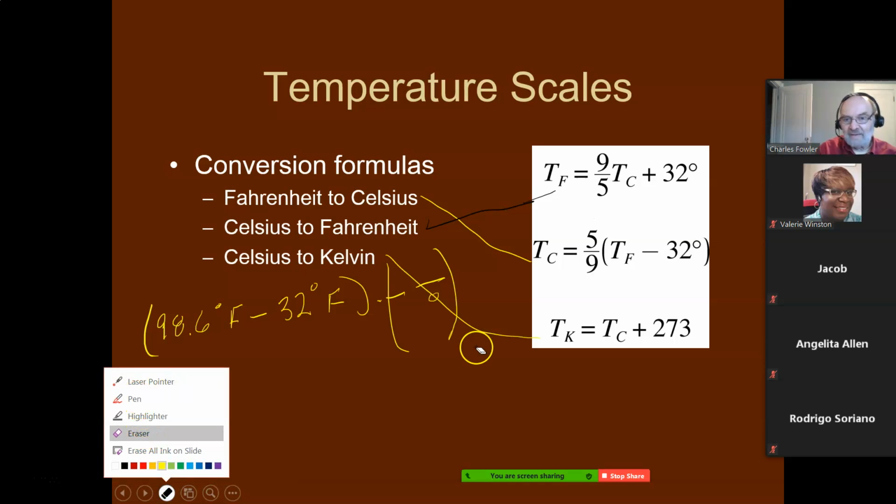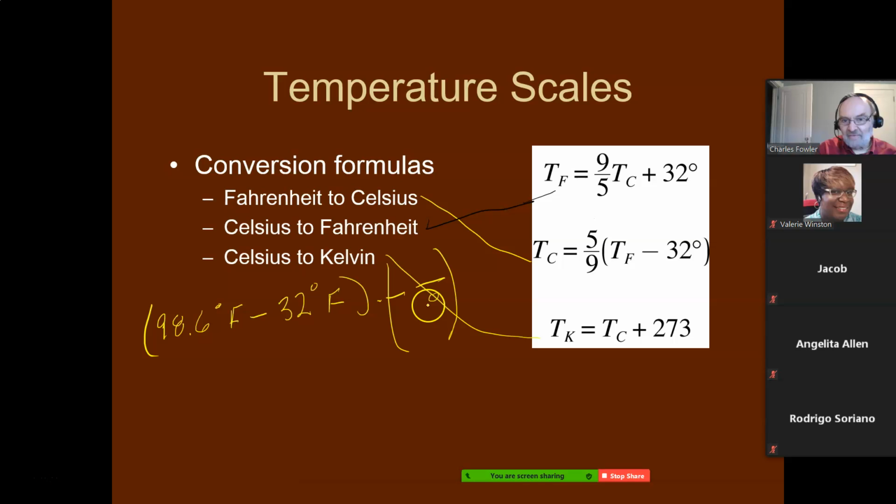Degrees Fahrenheit in the denominator here, degrees Celsius in the numerator here, because this difference here is going to be degrees Fahrenheit, and you'll cancel out degrees Fahrenheit here.